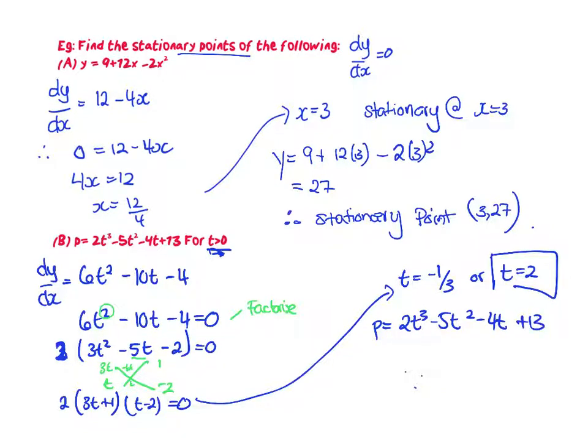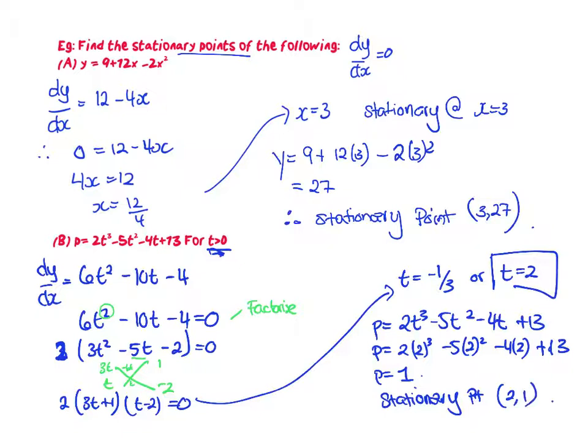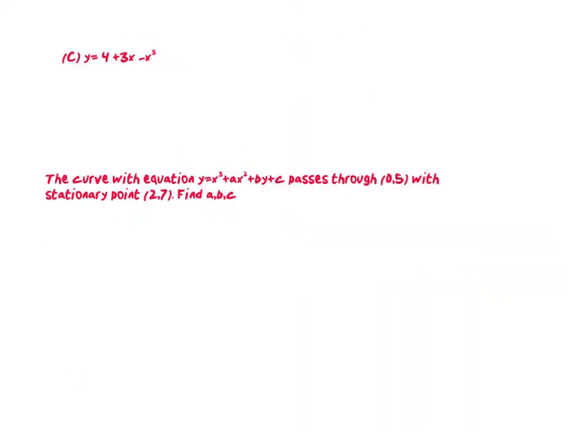So p would have been 2 times 2 cubed minus 2 squared minus 4 times 2 plus 13. And we ended up getting p equals 1. So the stationary point for this one is (2, 1).